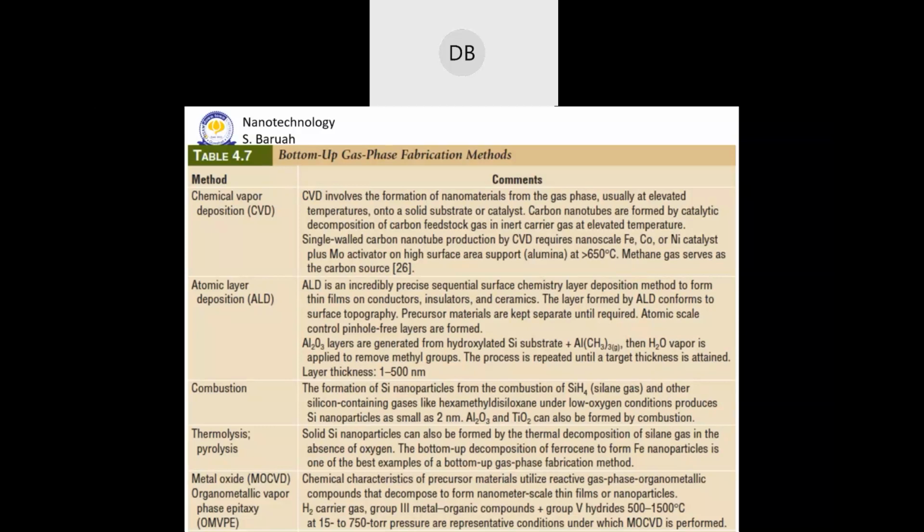I'll show you some pictures of graphene later, but this is the only two-dimensional material available. Graphene is a two-dimensional material because it is a single layer of atoms, like a thin sheet of atoms, and that's why in one dimension you consider it as 0.